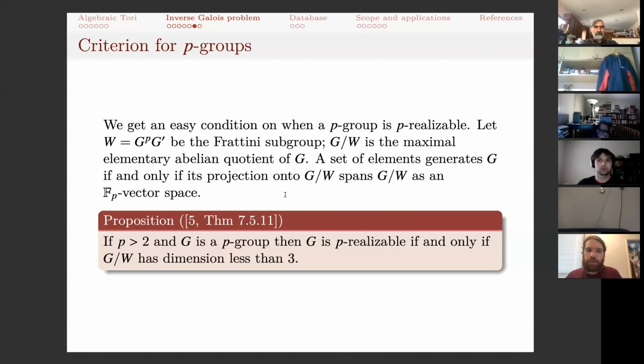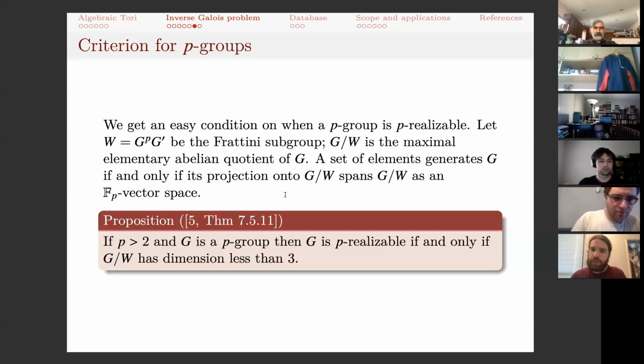And so the result is that when p is bigger than 2, and G is a p group, so the order of G is a power of p, then G is p-realizable if and only if the dimension of this quotient G mod W is less than 3.